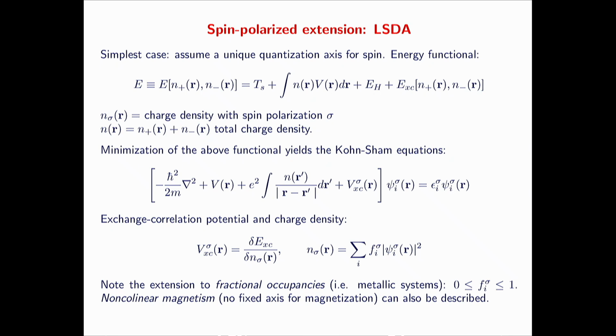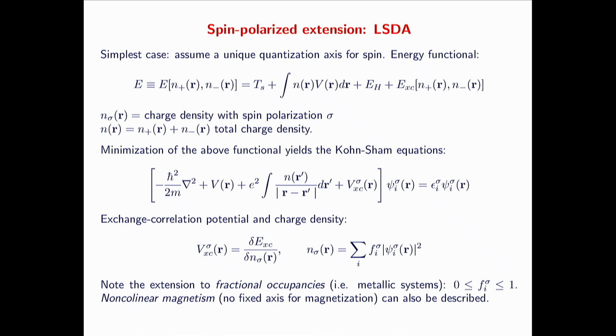But the extension to fermions with spin has been derived, and what one finds is that the exchange correlation functional is a functional of the charge density. In the simplest case, you choose a single quantization axis and assume that your states are either spin up or spin down.